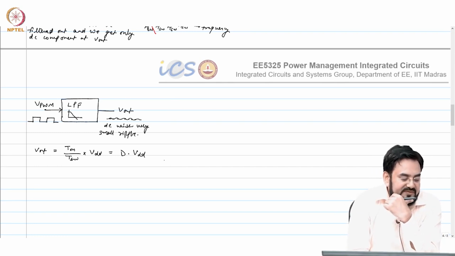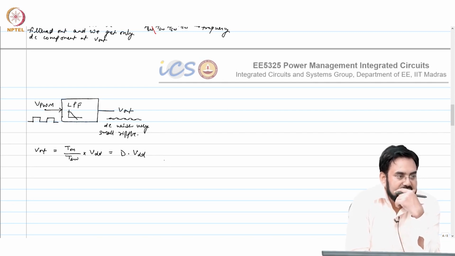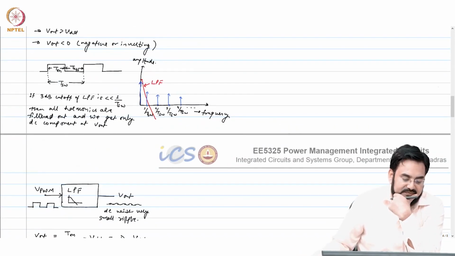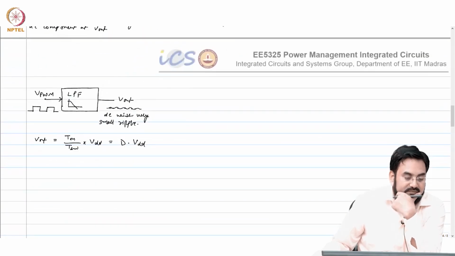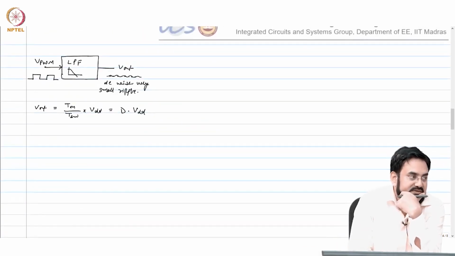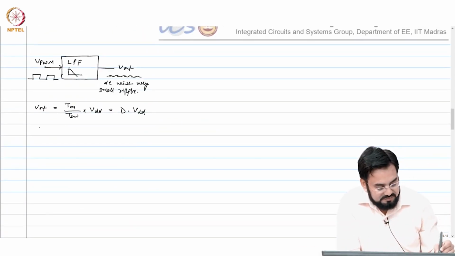So how do we implement this filter? What could be the possible ways of implementing this filter? RC? Okay. Let's see.